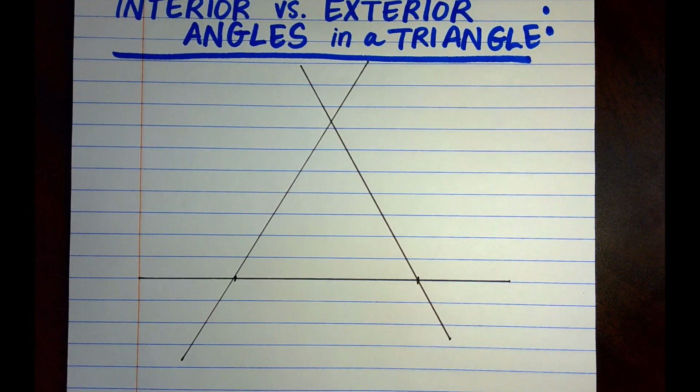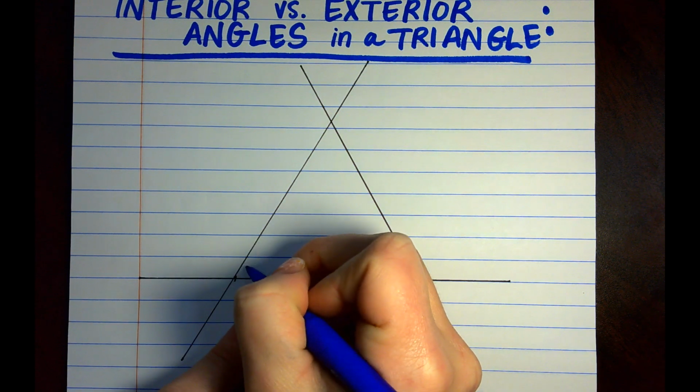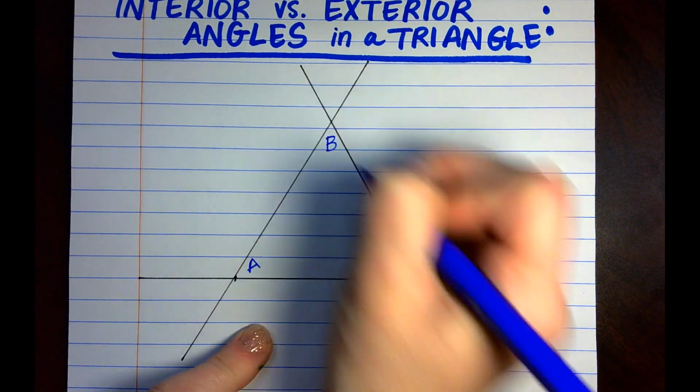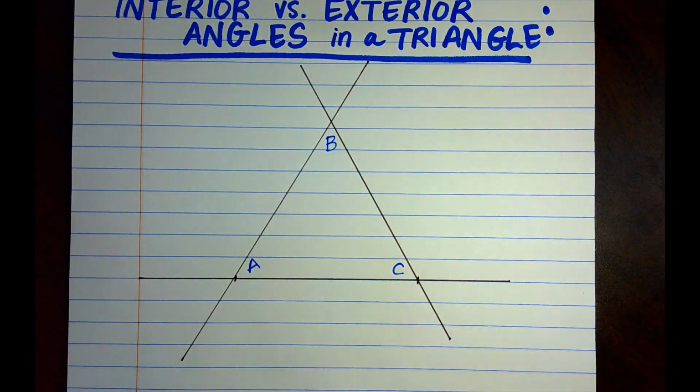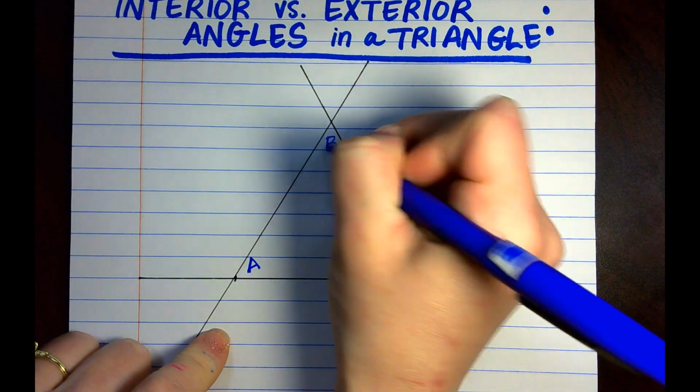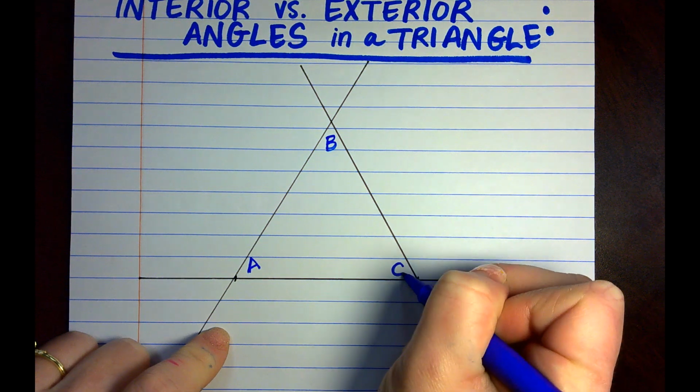And on our picture of our triangle, we are going to start with A, B, and C. It doesn't matter if it's in the exact same order. These are interchangeable, but I'm going to say that A, B, and C are my angles inside of my triangle.